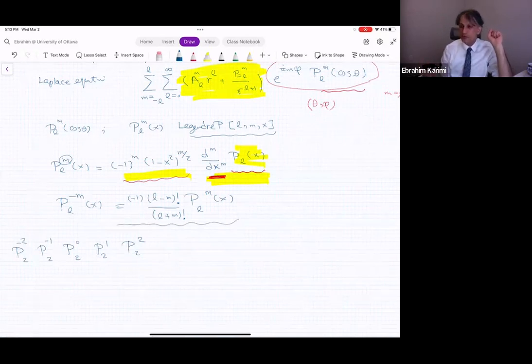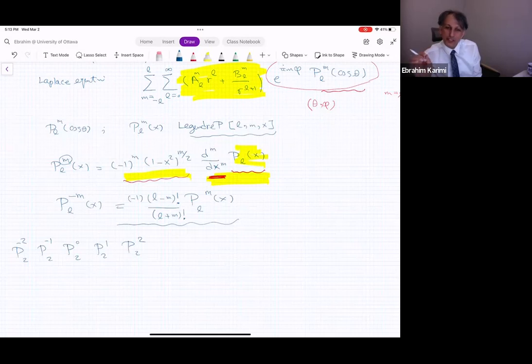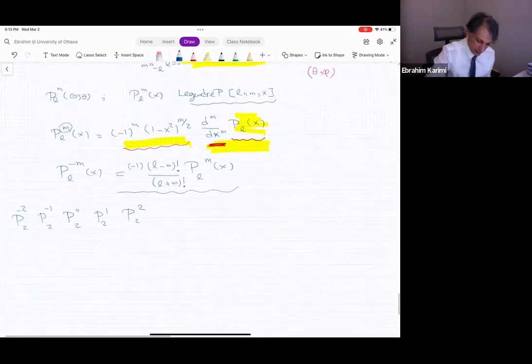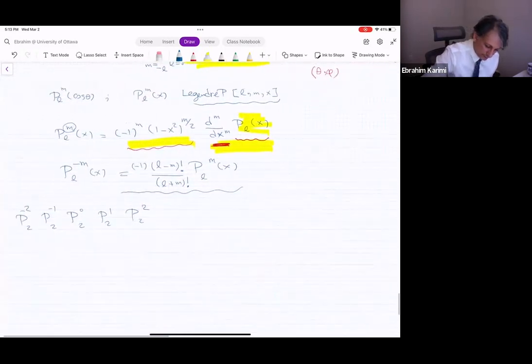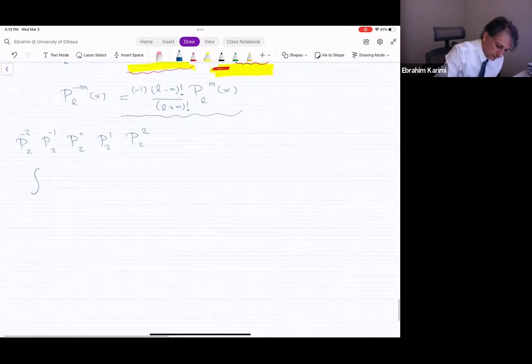Associated Legendre polynomials are also orthogonal functions. But with respect to which index, guys? They are not orthogonal in m, they are orthogonal in L. So the integral of dx, the weight is 1, by the way. There's no need to discuss, but I'm telling.